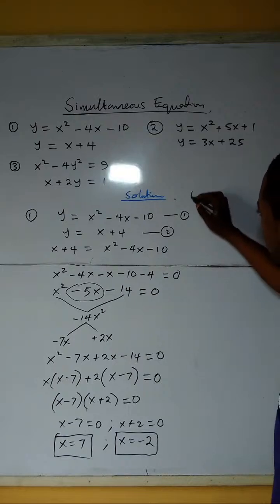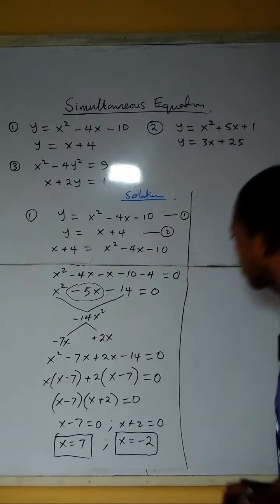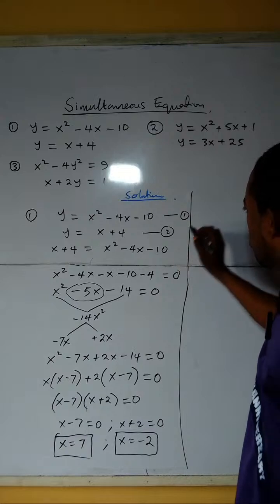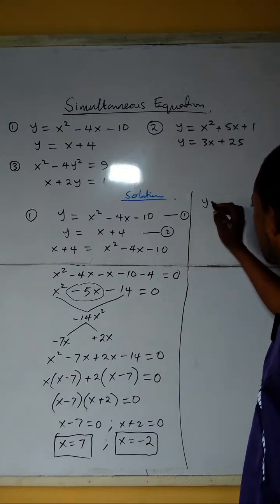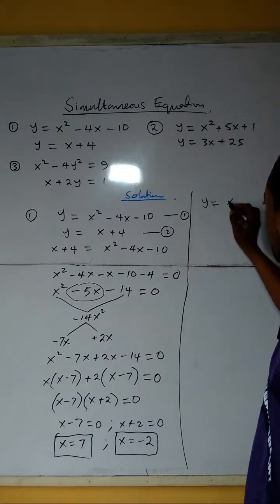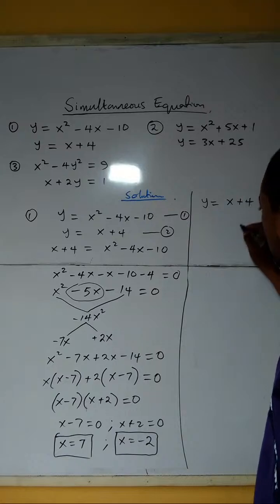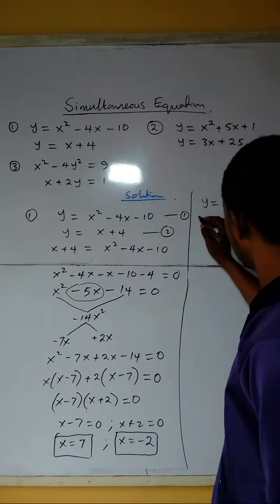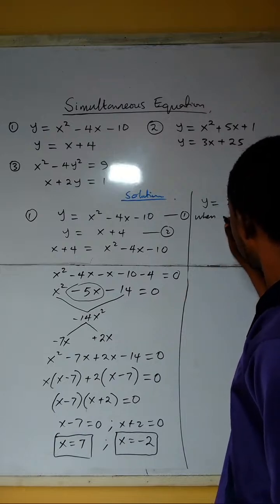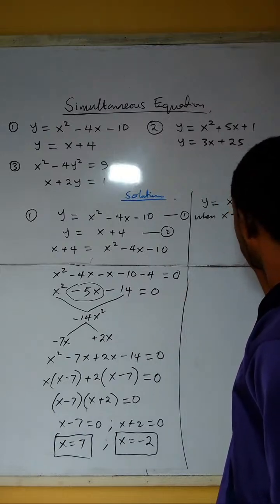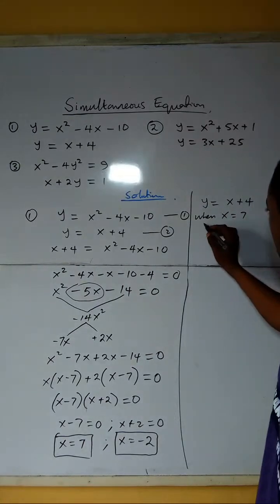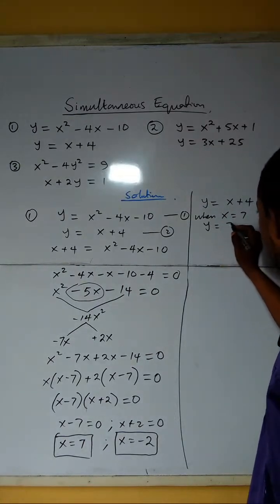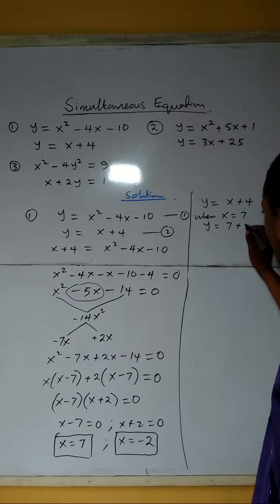Then to find the values of y, we can use equation 2. From equation 2, y equals x plus 4. When x equals 7, for the first value of x, then y will be equal to 7 plus 4.